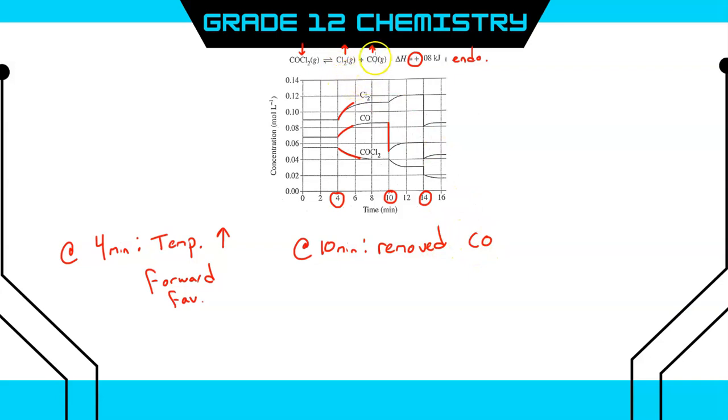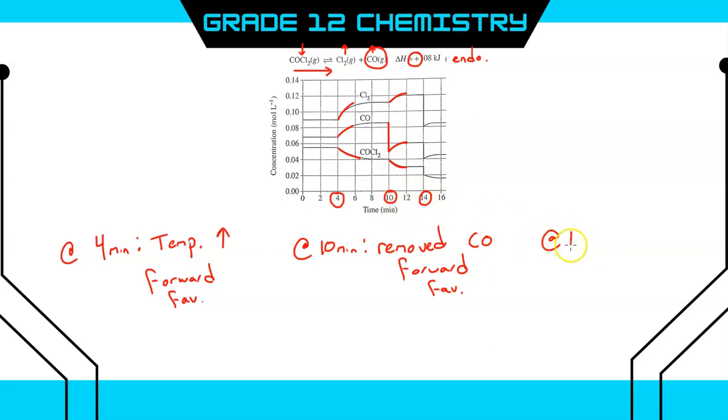So if we removed carbon monoxide, we have less products, so it's going to want to make more. It's going to be forward favored. We can double check that by looking at the graph. Chlorine increases as well as carbon monoxide, whereas our reactant decreased. So indeed, it was forward favored.